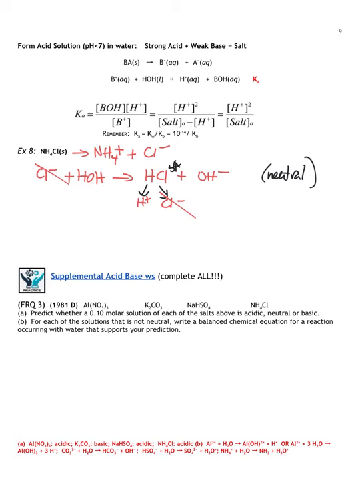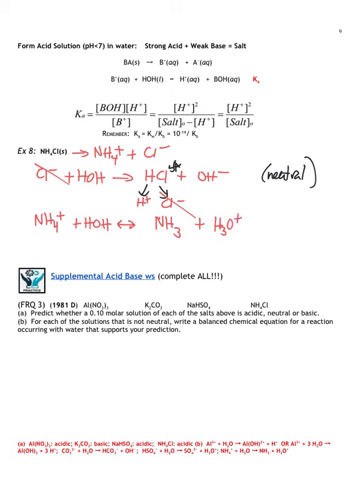Let's look at the cation. The cation is ammonium. When it ionizes in water, it's going to be in an equilibrium situation where you're forming a weak base, which is ammonia, and of course hydronium ion.